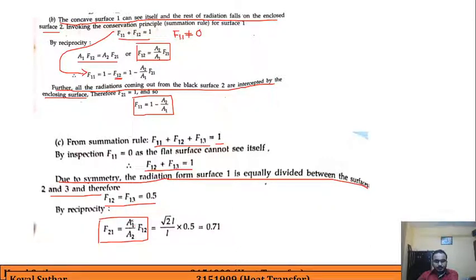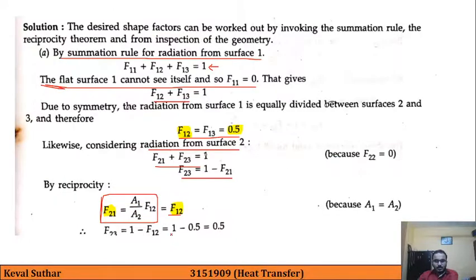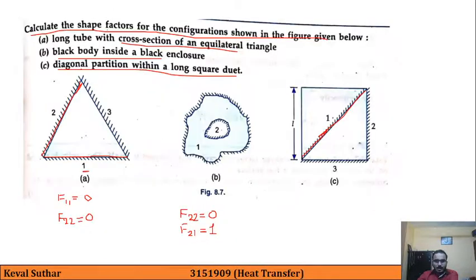However, this is the area ratio A1 by A2, which is written as square root of 2L divided by L. Because if this value is L, this will be L and this will be square root of 2L based on the Pythagorean theorem.